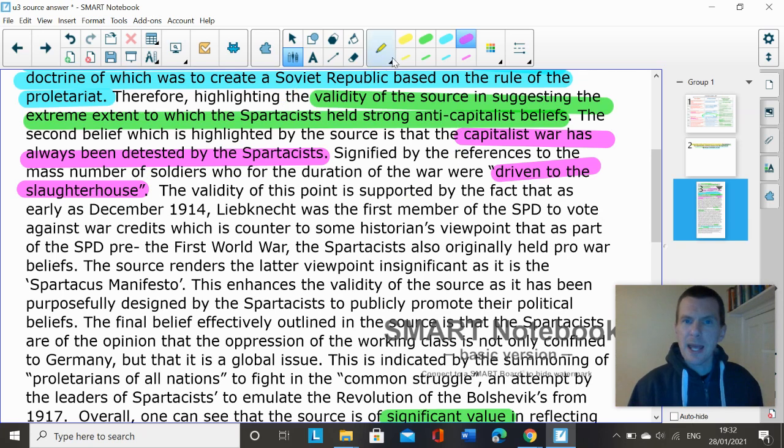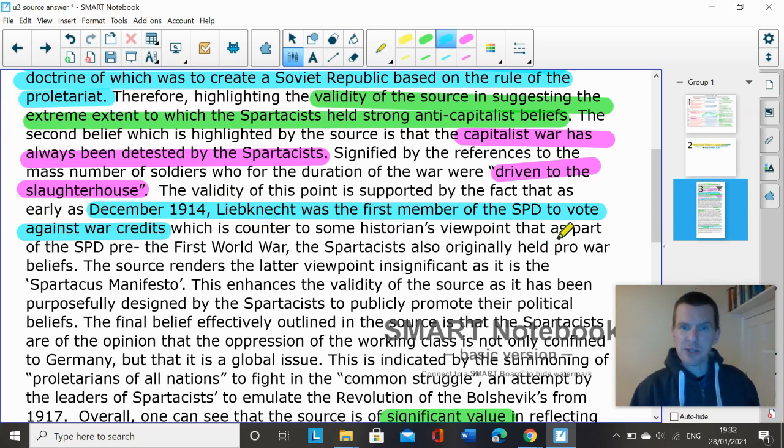The validity of this point is supported by the fact that as early as December 1914, Liebknecht was the first member of the SPD to vote against war credits, which is how the German government funded the war, which is counter to some historians' viewpoint that as part of the SPD pre the First World War, the Spartacists also originally held pro-war beliefs.